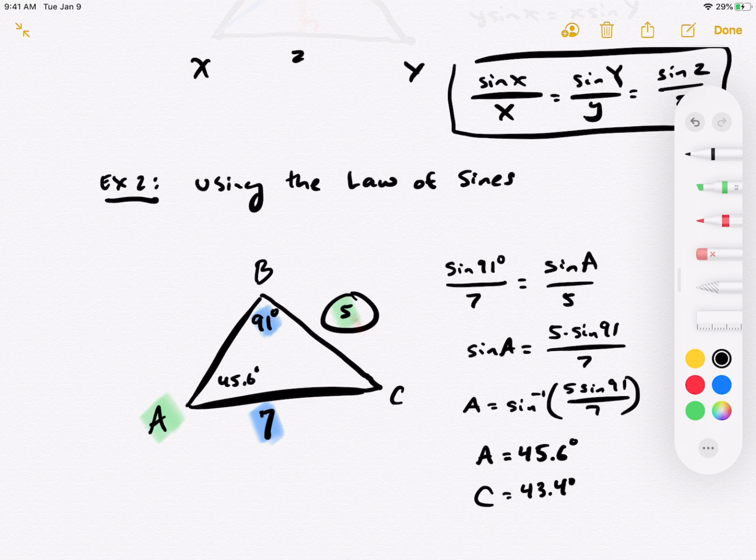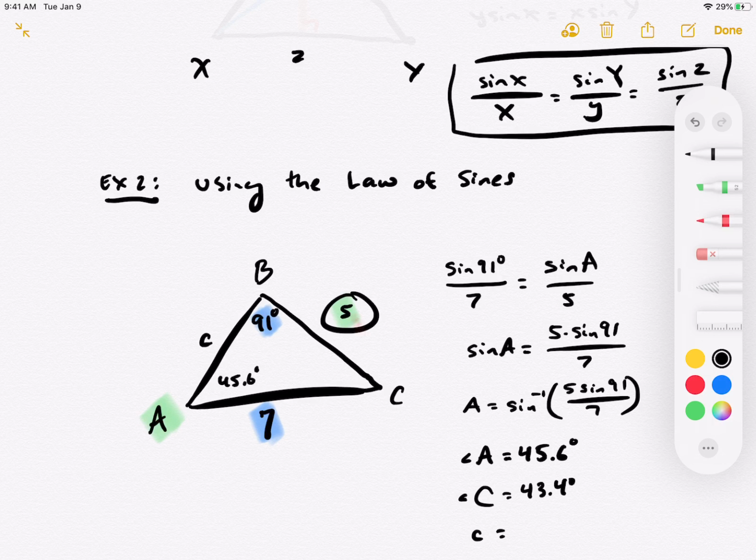And the only thing left to do then is to figure out side C, which would be this side right over here. And I already know that this side right here is smaller than 7 because angle C is less than 91, and it's smaller than 5 because 43.4 is less than 45.6. But I could figure it out exactly.